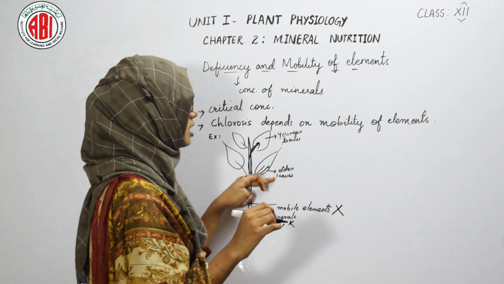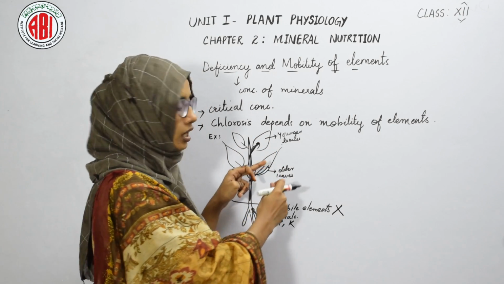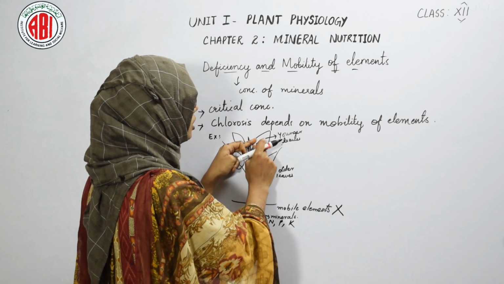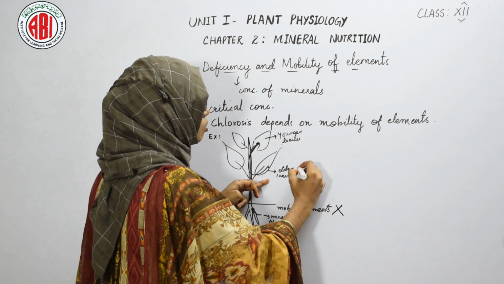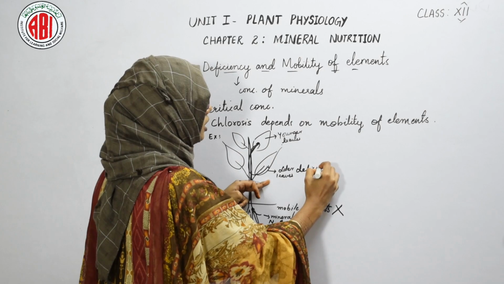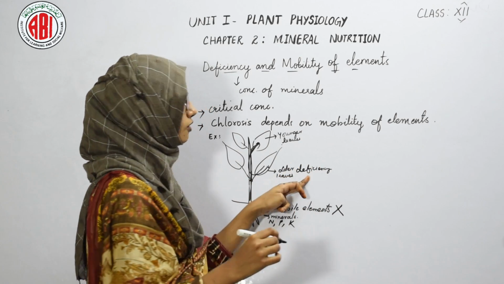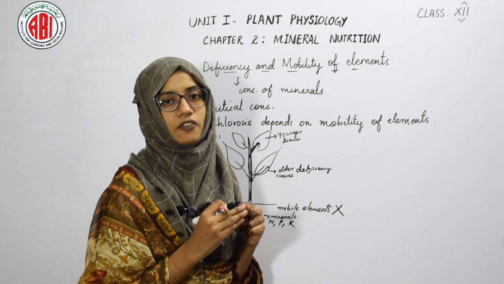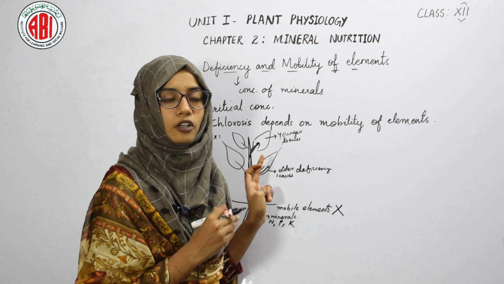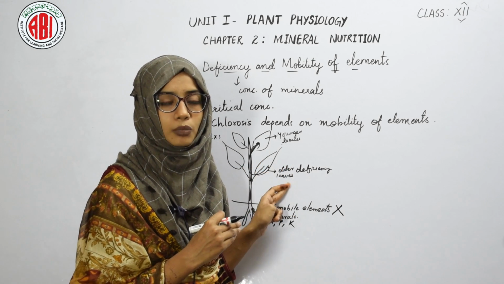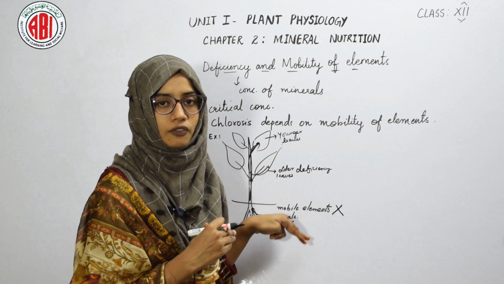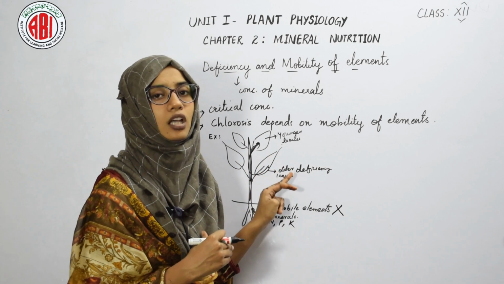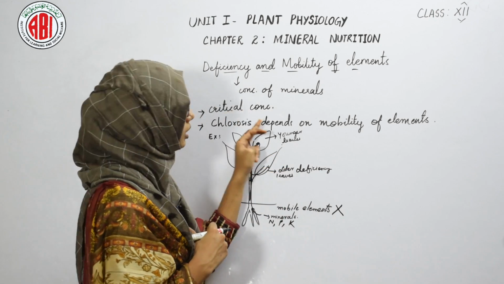And in this case, as these minerals are transported from the older leaves to the younger leaves, the older leaves show the deficiency of certain mobile elements, and due to this deficiency, the deficiency symptoms of that particular mineral appear firstly in the older leaves and then in the younger leaves.